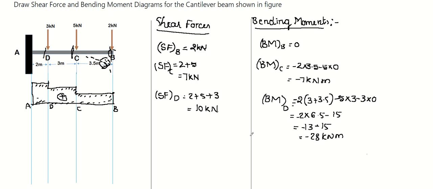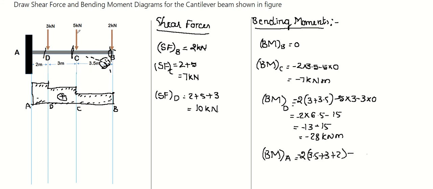Bending moment at A we need to find out. That is the last one. Bending moment at A is 2 into distance up to A. That is 2 into 3.5 plus 3 plus 2, and this is also a negative bending moment. This force is trying to bend the beam like this, which is hogging again.